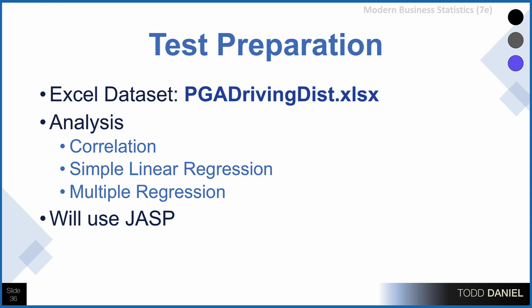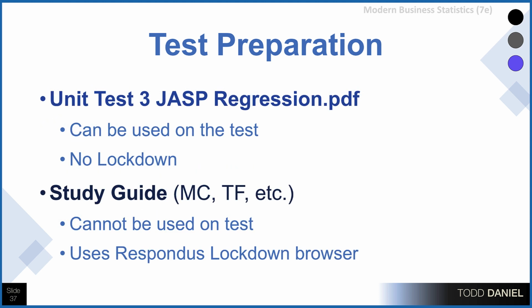I have included some very detailed instructions on how to do correlation, simple, and multiple linear regression. You will find those instructions in Unit Test 3 JASP Regression.pdf, which is available through Blackboard for the course. This can be used on the test, and in fact should be used on the applied portion of the test.